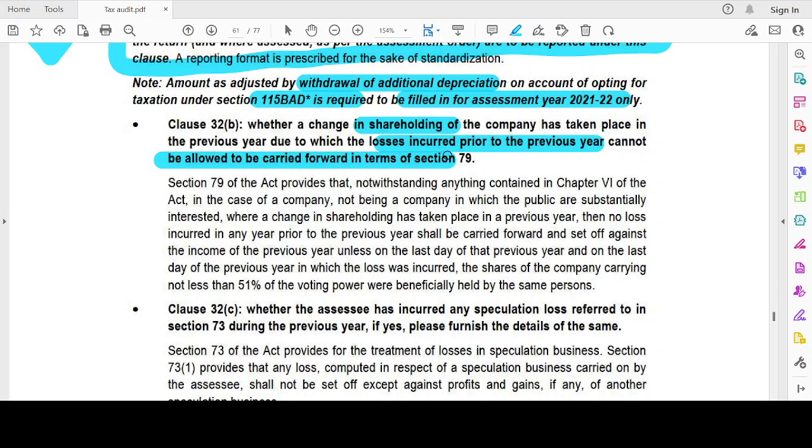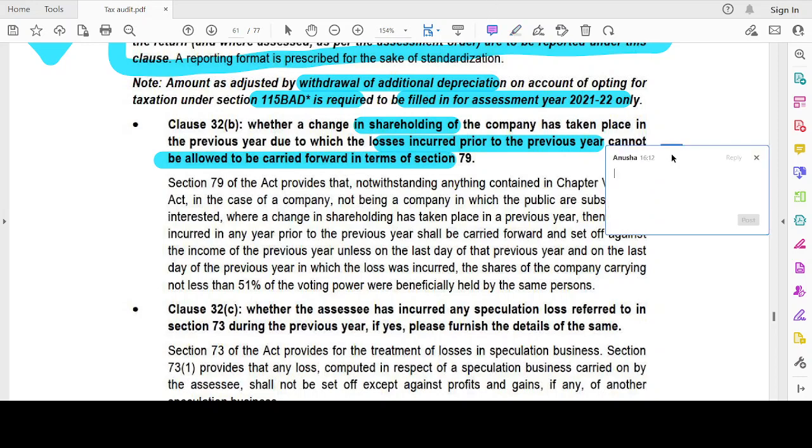Section 79 states that where a company is not a company in which the public are substantially interested, that means a private company, where there is a change in shareholding which has taken place in the previous year, then no loss incurred in any previous year prior to the previous year shall be carried forward and set off against the income of the previous year unless on the last day of the previous year and on the last day of the previous year in which the loss was incurred, the shares of the company carrying not less than 51% of the voting power are beneficially held by the same persons.